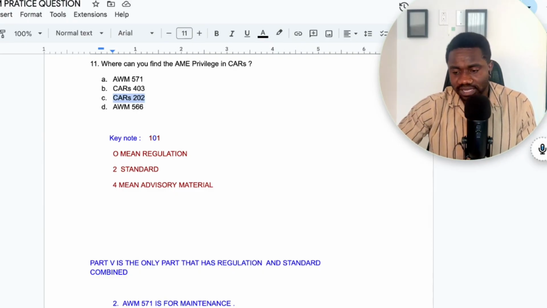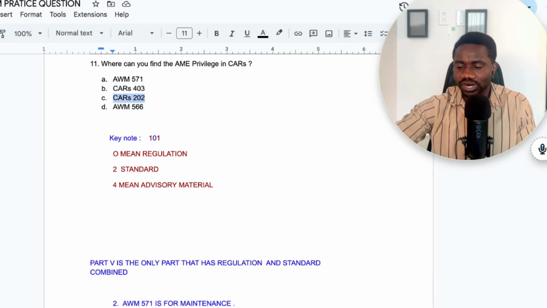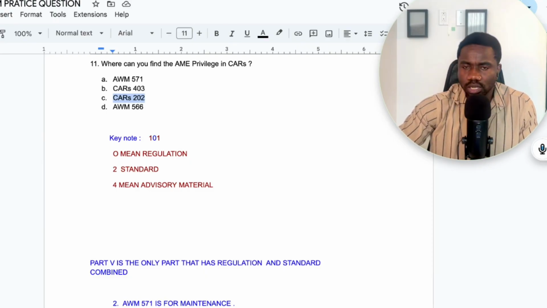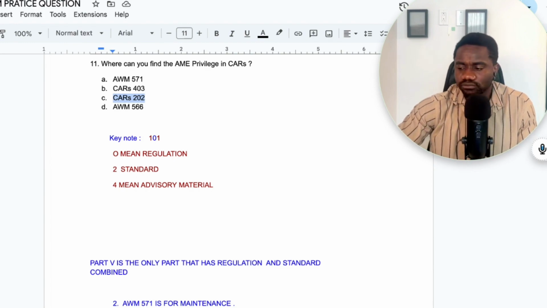And where can you find that? CARs 202. That's a regulation, right? You must register your aircraft. For an aircraft to fly, you need some type of tail number, right? Or people call it fin number, right? For Canadian aircraft, you see fin numbers like 421, 5, like any unit. For you to fly in Canada, you need some type of tail number, right?